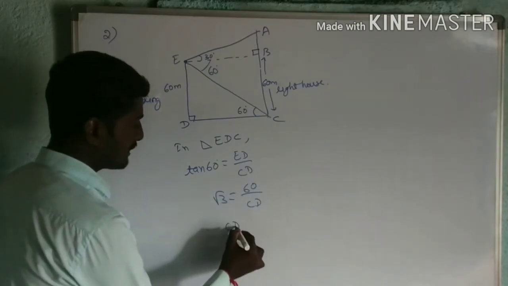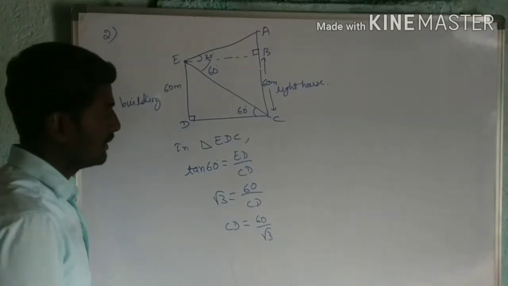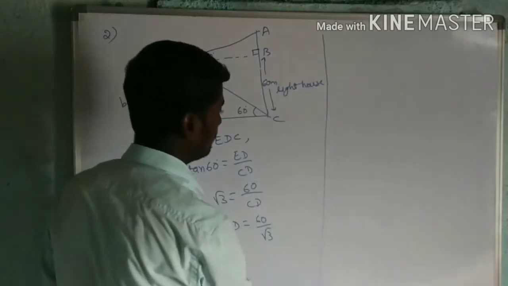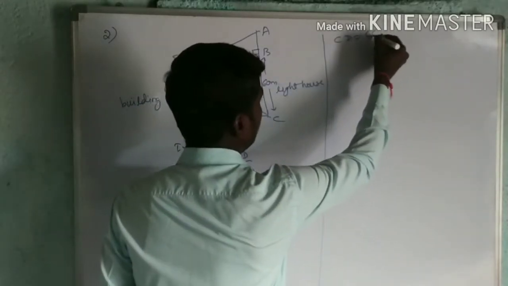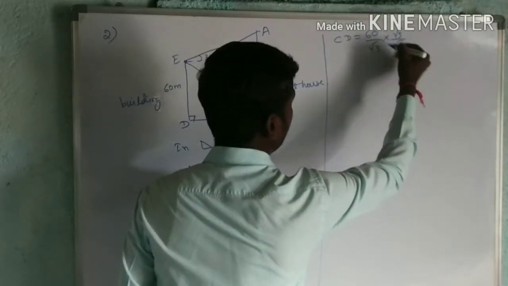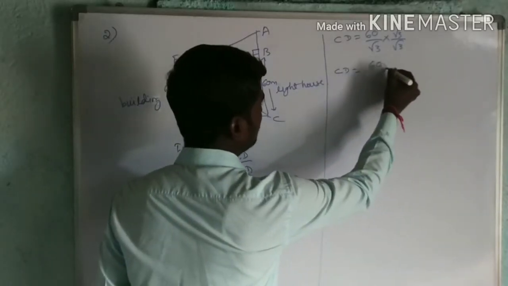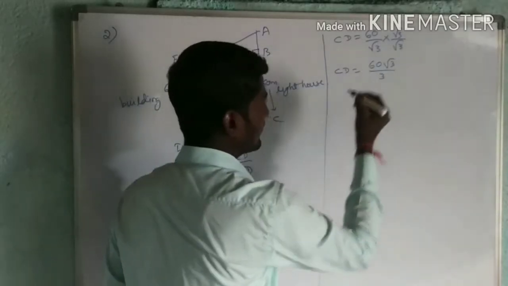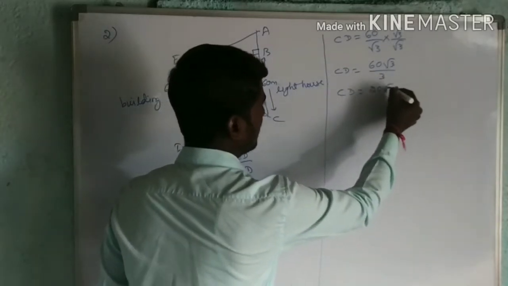So CD is equal to 60 divided by root 3. Next step: CD is equal to 60 divided by root 3 into root 3 divided by root 3. Now CD is equal to 60 root 3 divided by 3. So CD is equal to 20 root 3 meter.